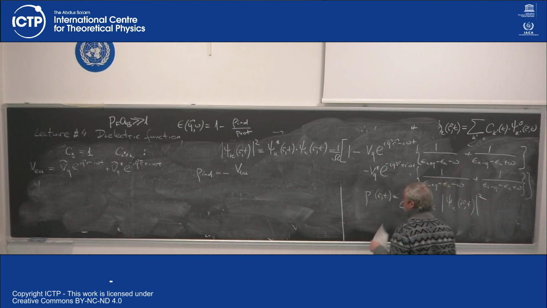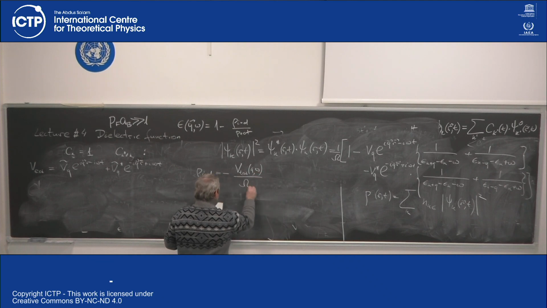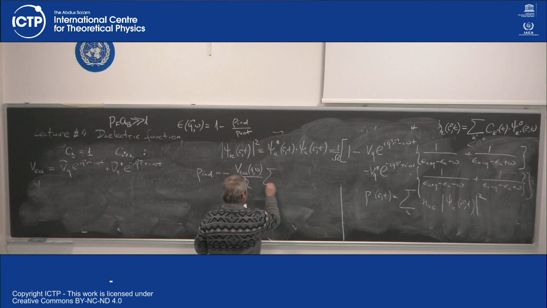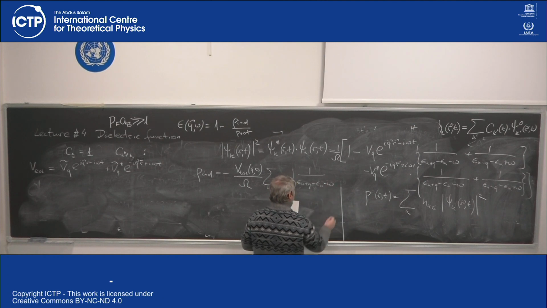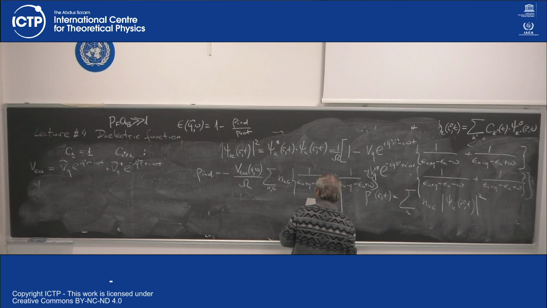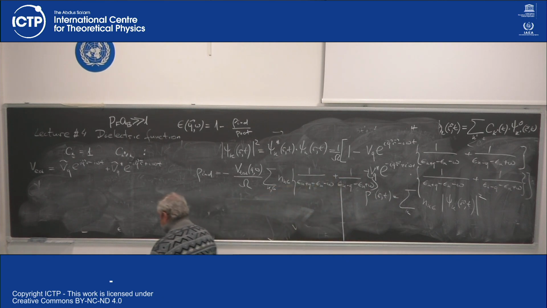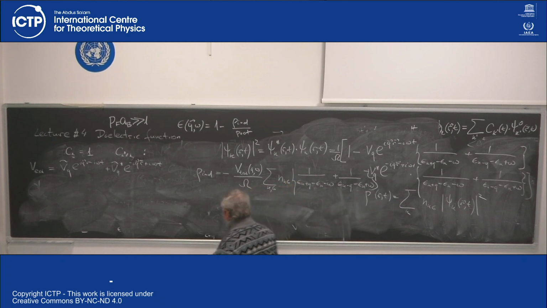The bracket is the same at q omega, divided by capital omega, and here I have the sum over k sigma, and this bracket: 1 over epsilon k plus q minus epsilon k minus omega plus 1 over epsilon k minus q minus epsilon k plus omega. For those who know electrodynamics, this is emission and absorption of a photon with a frequency of omega.